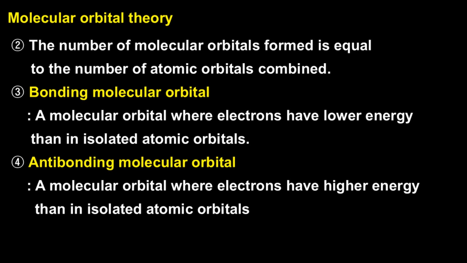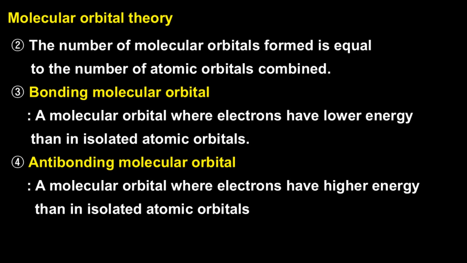There's an important principle to keep in mind. The number of molecular orbitals formed is always equal to the number of atomic orbitals that combine. So if two atomic orbitals combine, they always form two molecular orbitals, one bonding and one antibonding. This rule ensures that we account for all the atomic orbitals in the system. Now, let's break this down. A bonding molecular orbital has lower energy than the original atomic orbitals.